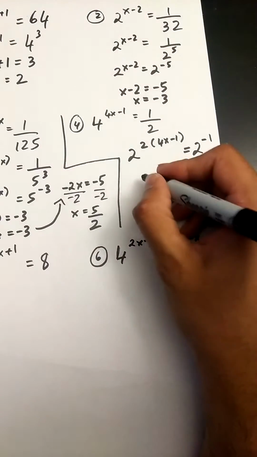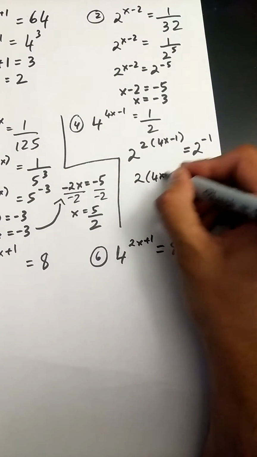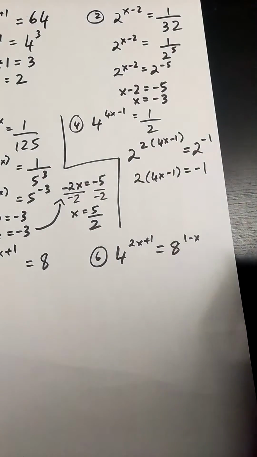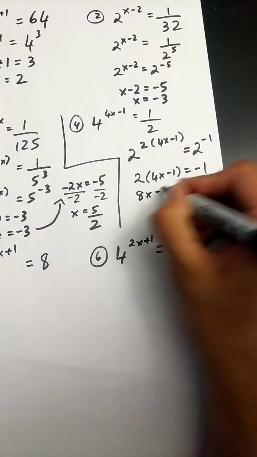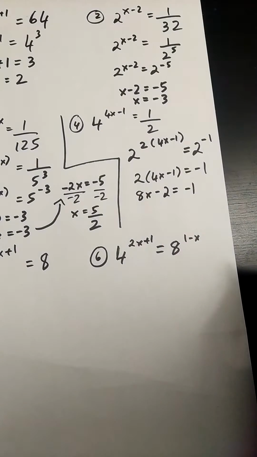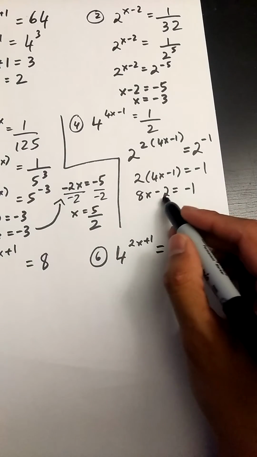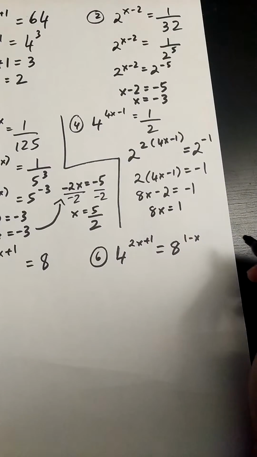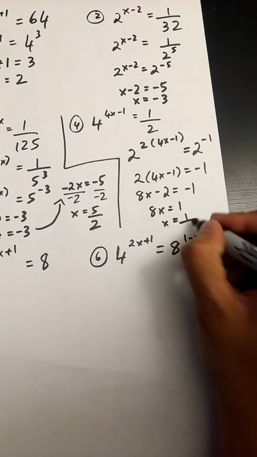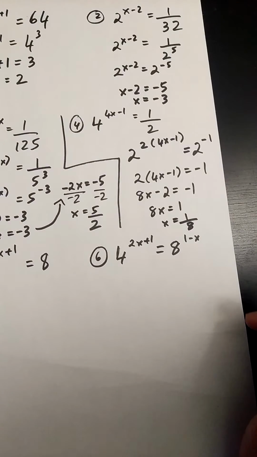I'm going to make my exponents equal. Since the bases are equal, I'm going to multiply that out. So 8x minus 2 equals to minus 1. I'm going to take the minus 2 to the other side and add it. So 8x is going to equal to 1. So x will equal 1 over 8.